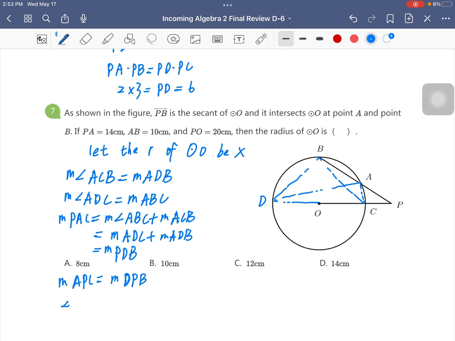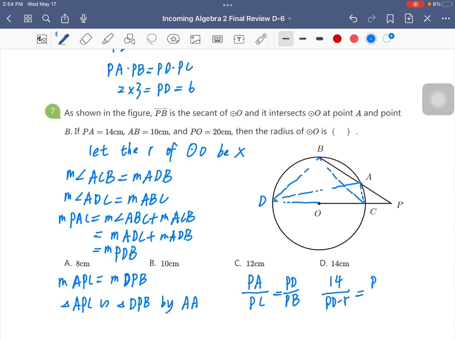So the triangle APC is similar to the triangle DPB by AA. Then PA over PC equals PD over PB. PA equals 14, PC is PO minus R, PD is PO plus R, and we have the length of PB.